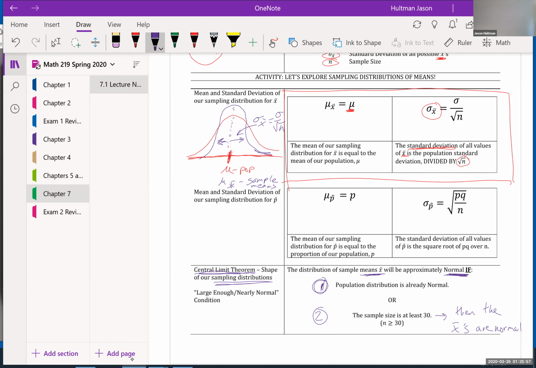So what I'm doing is taking a bunch of averages and putting them into a distribution. If I do that, then that becomes a normal distribution. Whereas before, say that the original distribution looked like this.